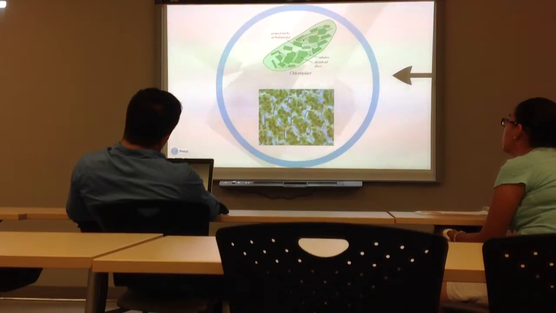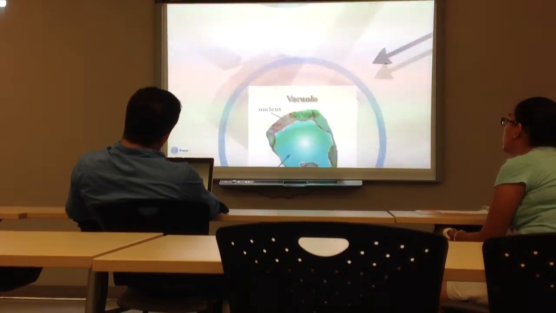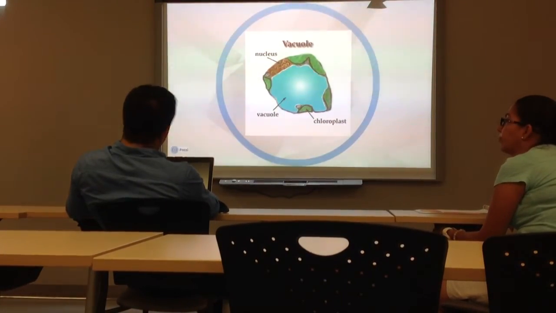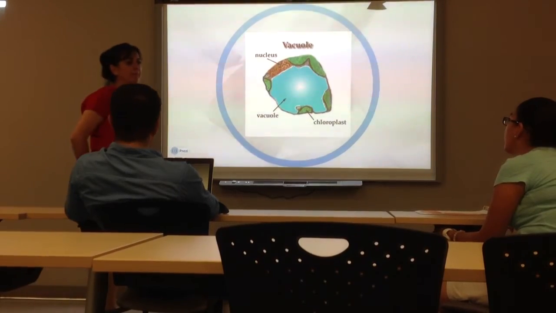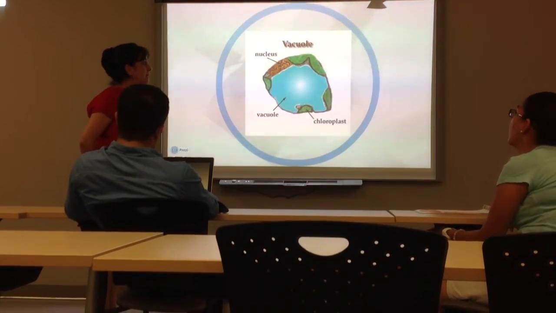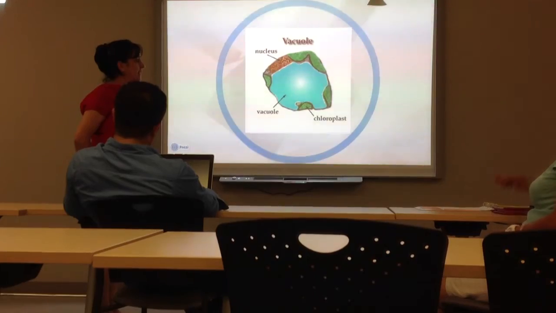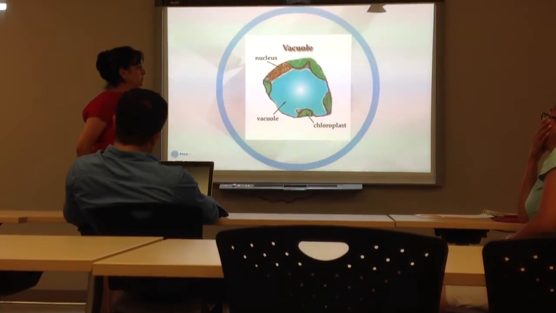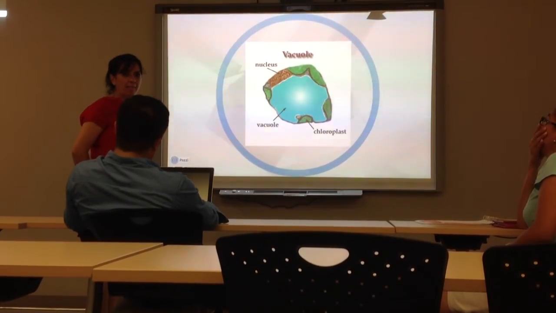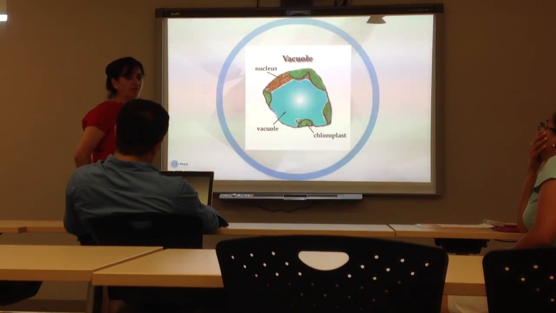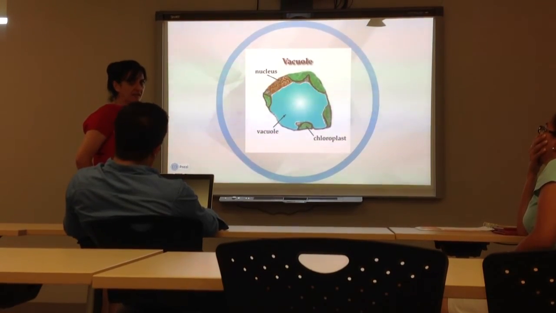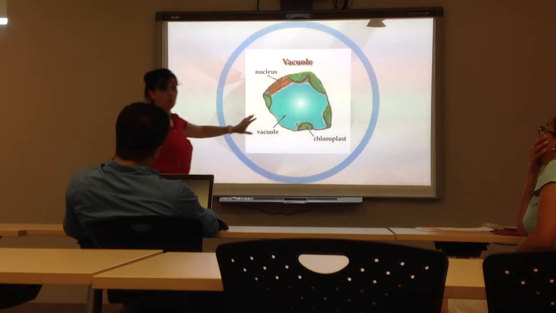And the last organelle that is only found in plant cells is the vacuole. It is important because it occupies the most volume of the cell in the plant cells. It is full of water.